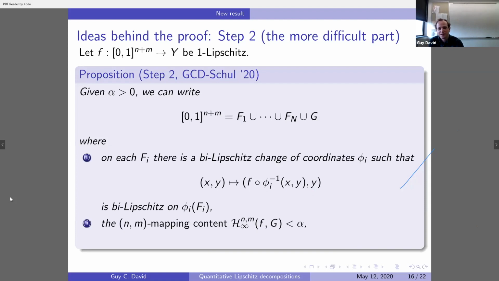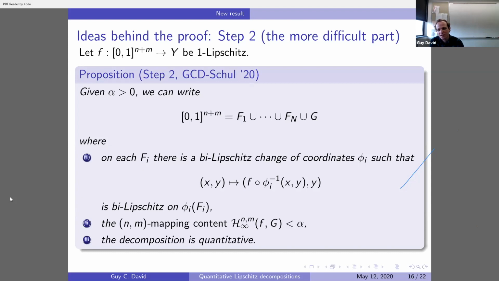And the garbage set has small mapping content in the sense that I described, and everything is quantitative, only depending on alpha and n and m. So step 1 said, if you can find these sets where your mapping has a supplement, then you're in good shape. And step 2 says you can find these sets as long as you allow a change of coordinates.